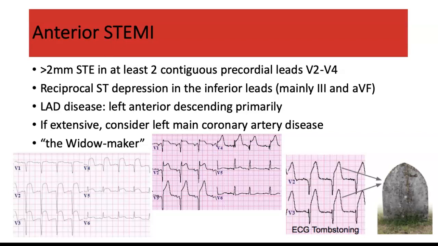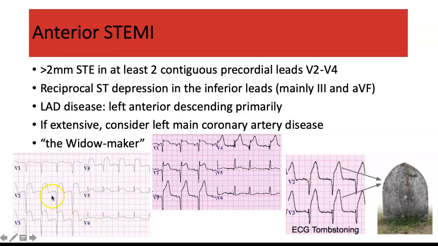This is often associated with some of the areas of overlap, such as septal area in V1, and it can also be overlapped with lateral leads in V5 and V6. You'll note here ST segment elevation beginning in lead V2, and these do look much like the tombstone image over here, but V2, V3, V4, still ST segment elevation in V5 and can be argued in V6.